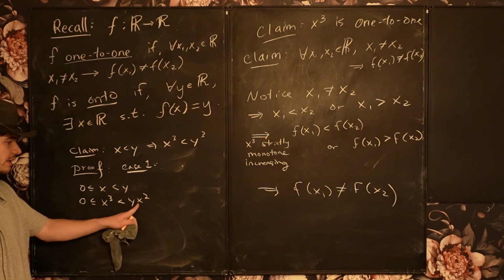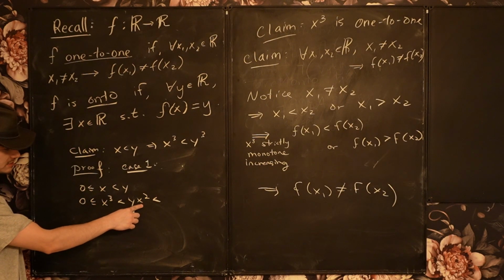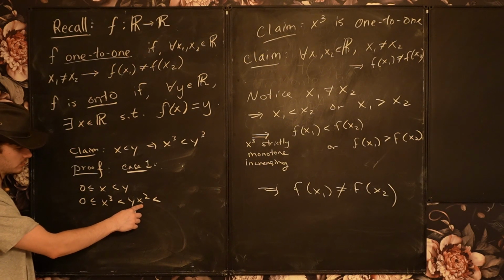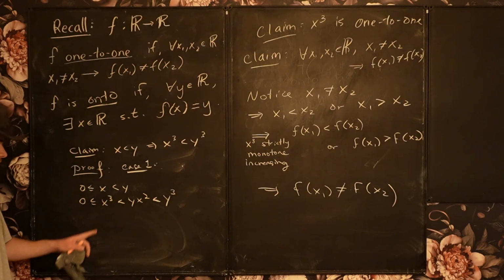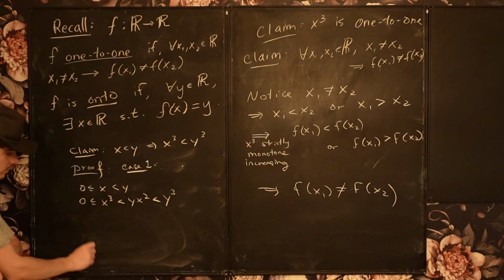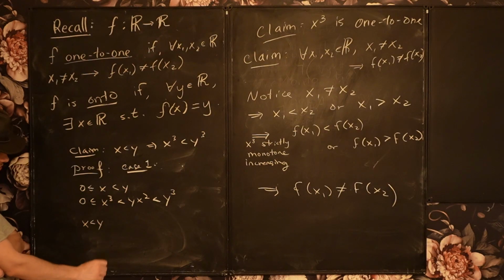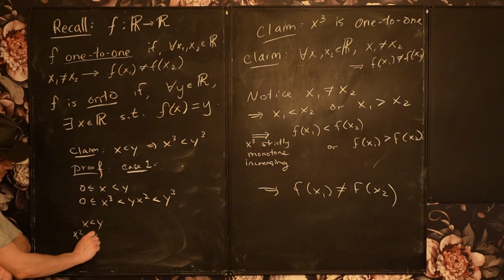Since x is positive, I can replace x's with y, so this is less than y cubed. I can multiply x less than y by x on both sides since x is positive, so x squared is less than xy.